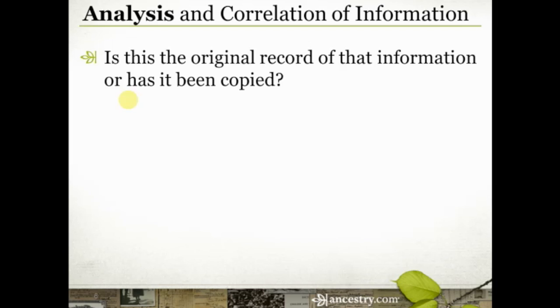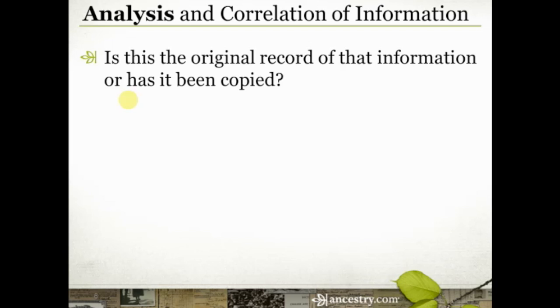That code gets translated into the name of the county. They do that as a time-saving factor in indexing a lot of times, and yet sometimes what that means is the wrong code got written down, or the code got translated into the wrong county name. So anytime information is copied, you're introducing opportunity for error.